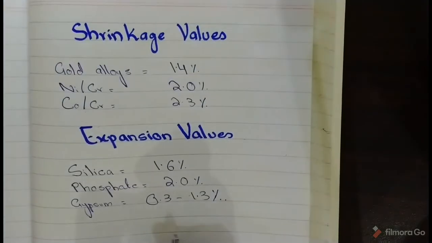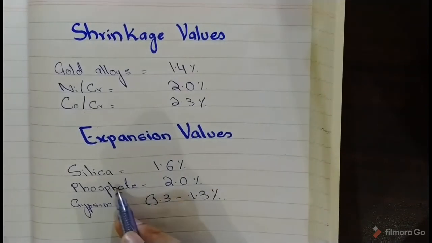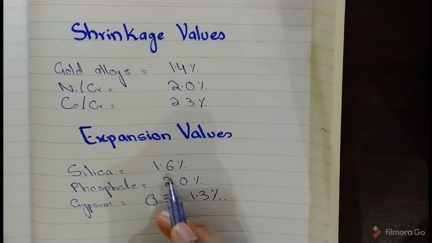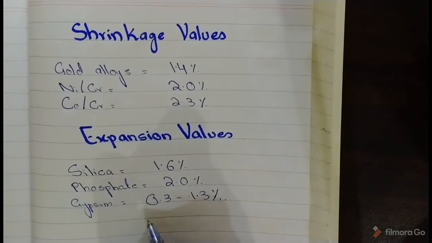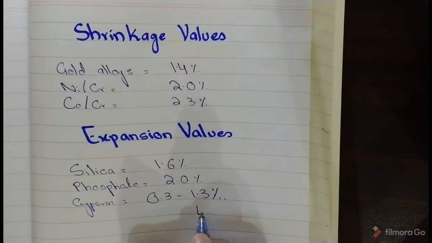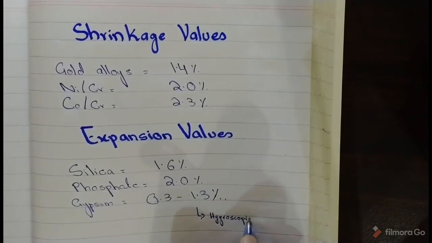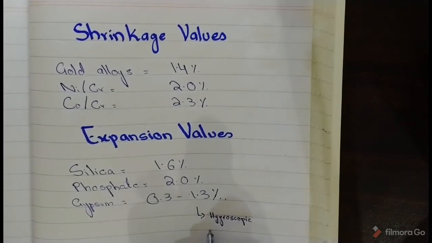And expansion values of certain investment materials: silica expands about 1.6%, phosphate expands 2.0%, and gypsum bonded investment materials expand 0.3 to 1.3%. To gain more expansion, you can use hygroscopic expansion to get a greater magnitude of the expansion.